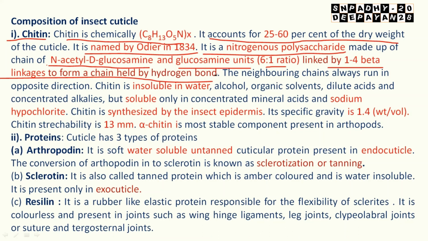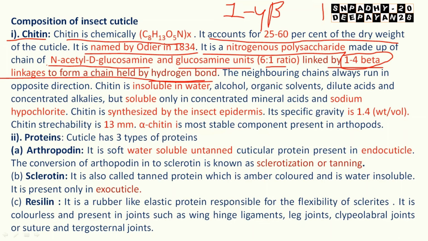Made up of what? N-acetyl D-glucosamine and glucosamine unit in 6:1 ratio. How are they linked? By 1,4-beta linkages, making hydrogen bonds.